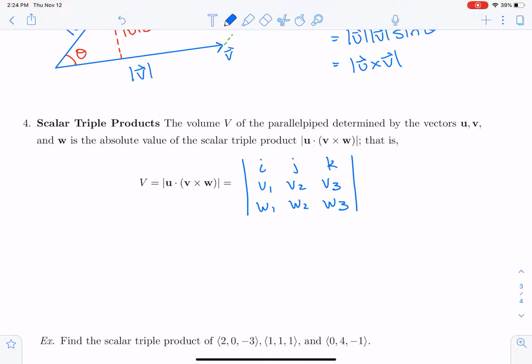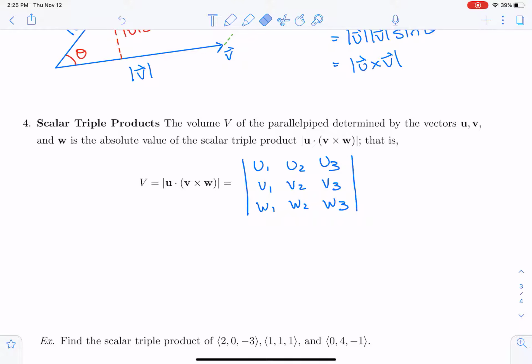But if you think about the fact that u is equal to u1i plus u2j plus u3k, and then you're going to dot that with the i, j, and k that come out of this determinant, then you can go ahead and replace this row with u1, u2, and u3, and you'll have the same result. Okay, so that's called the scalar triple product. That's u dot v cross w.